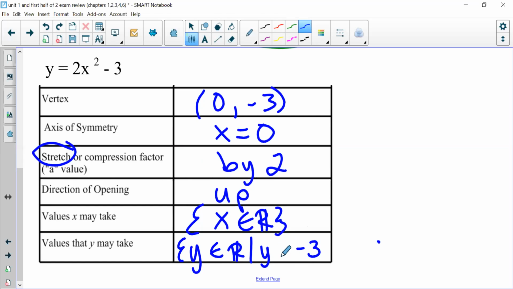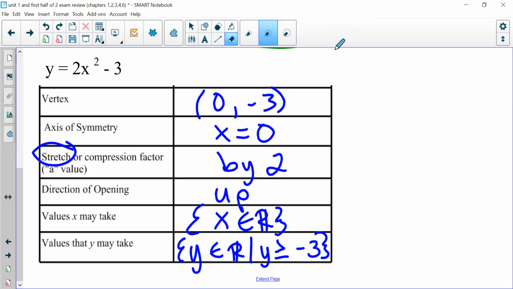Oh, so just tell me, is it greater than or less than? Less than. Well, this one's opening up. No. Oh, greater than. Good. Okay, good. Any questions on transformation charts?